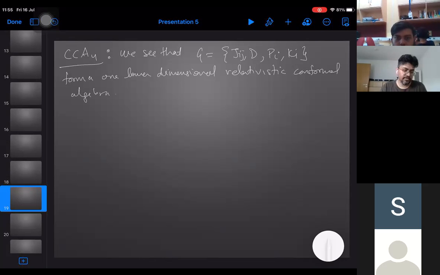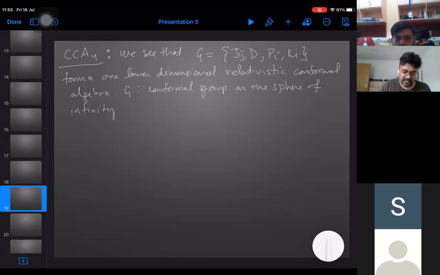So the structure here is that your G is your conformal group on the sphere at infinity.